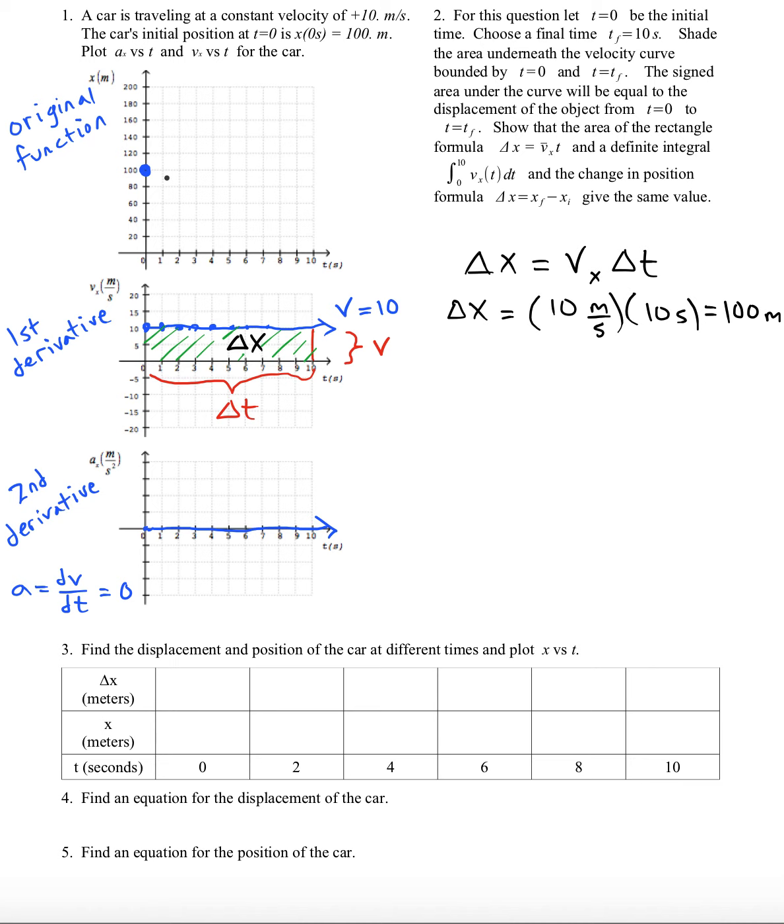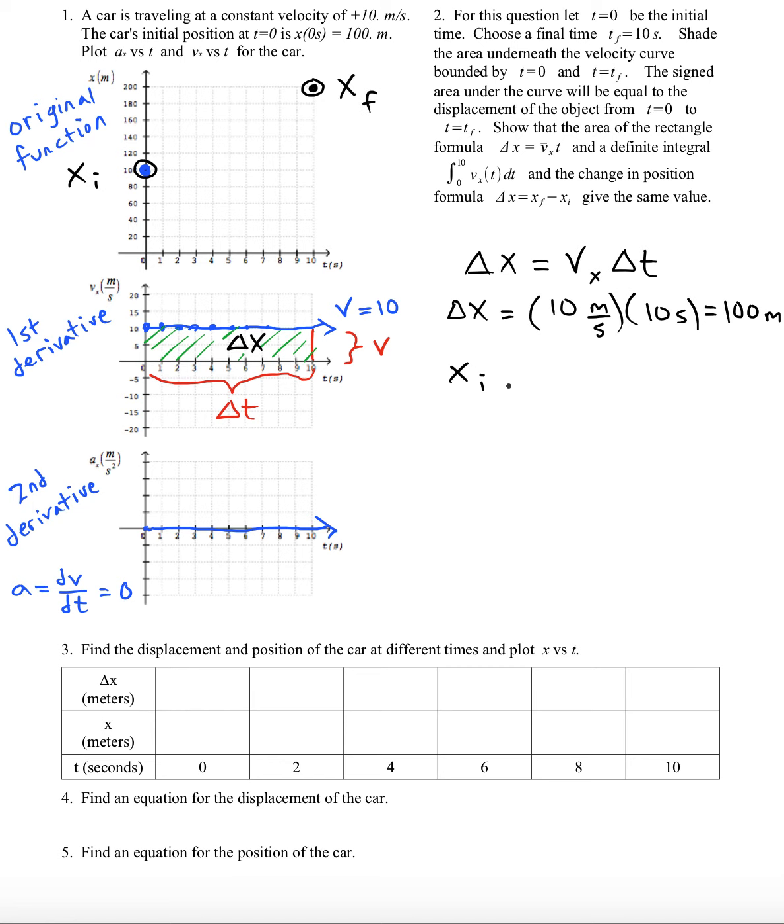So in our graph above, we started off with an initial position of 100. And then from there has to be an addition of another 100. And by 10 seconds later, we'll now be located at this new position, which is called x final.